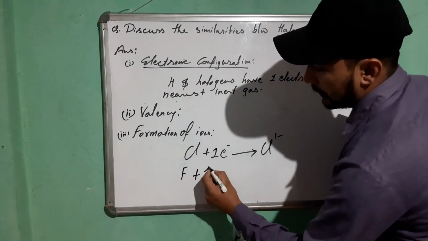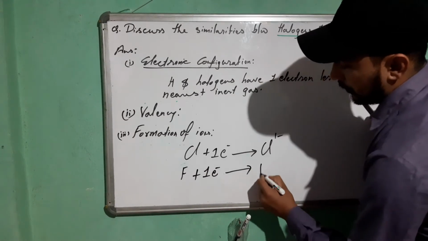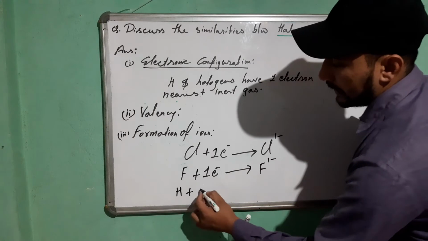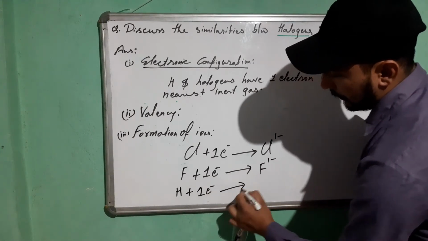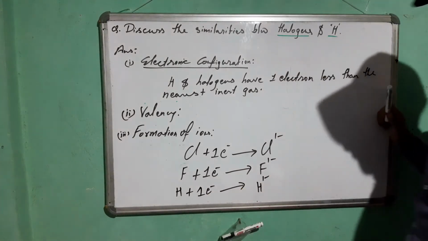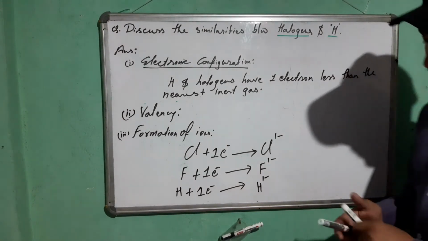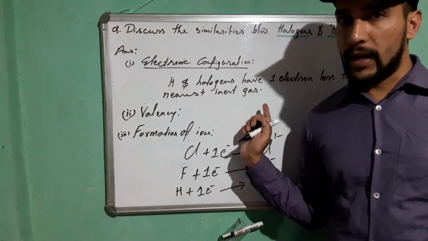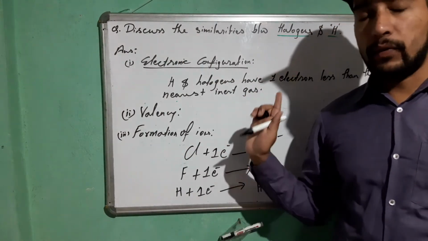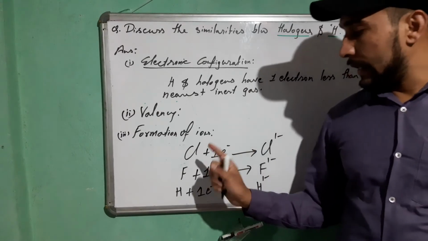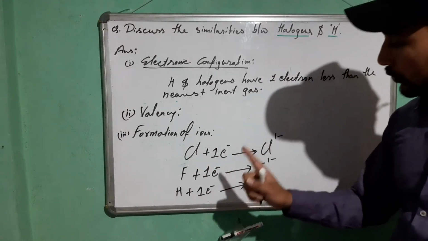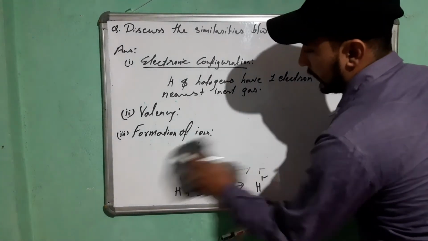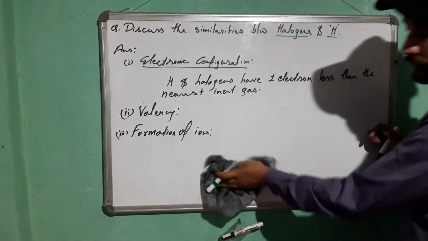Fluorine also accepts one electron and forms the fluoride ion, F minus. In a similar manner, hydrogen can also accept one electron and form a hydride ion, H minus. Like alkali metals, hydrogen can form a uni-positive ion, and like halogens, hydrogen can also form uni-negative ions. So this is another similarity between hydrogen and halogens.